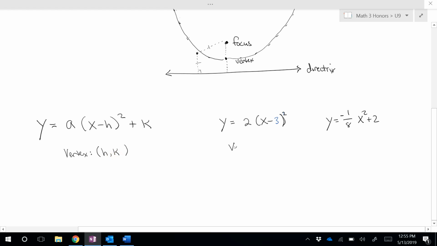What would the vertex of this next one be? 3, 0, because there's another thing out here; you could put a plus 0 if we wanted. And this vertex is 0, since there's nothing with the x, and then 2. That's something we have done in the past.